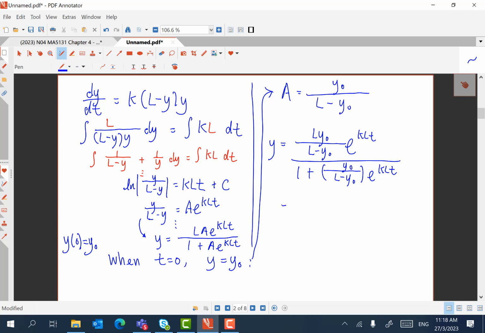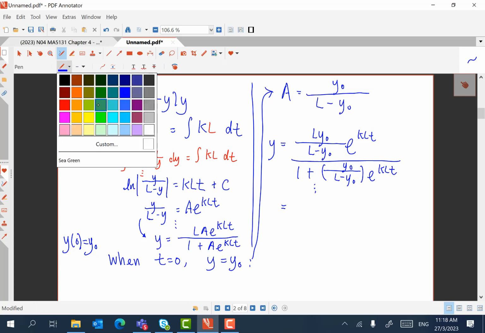And then finally, you get this line. You need to actually fill in the gaps. You get this final line.